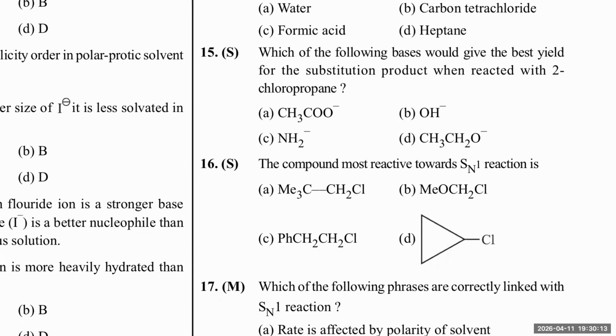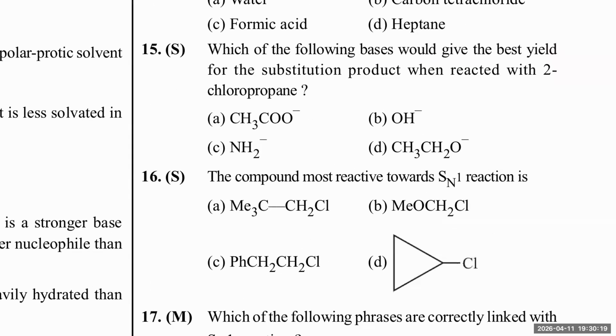Check out the 15th one. Which of the bases would give best yield for substitution when reacted with 2-chloropropane? I need to check which can give more substitution, which is SN2 kind. In such cases, my suggestion is check their strong basic character. Stronger the base, less is the probability for SN2 because they will always go for E2 more.